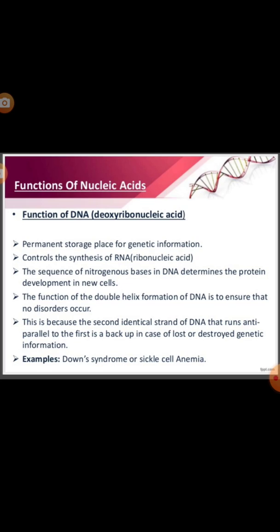Next, the second identical strand of DNA that runs antiparallel to the first is the backup in case of lost or destroyed genetic information. So the second identical strand of DNA always helps to make new complementary strands.